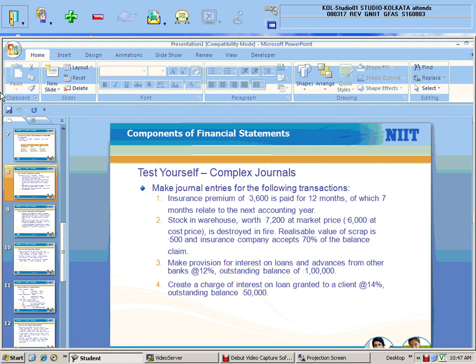So having understood the accounts involved in this transaction, the journal entry will be made, always with the debit first and credit next.